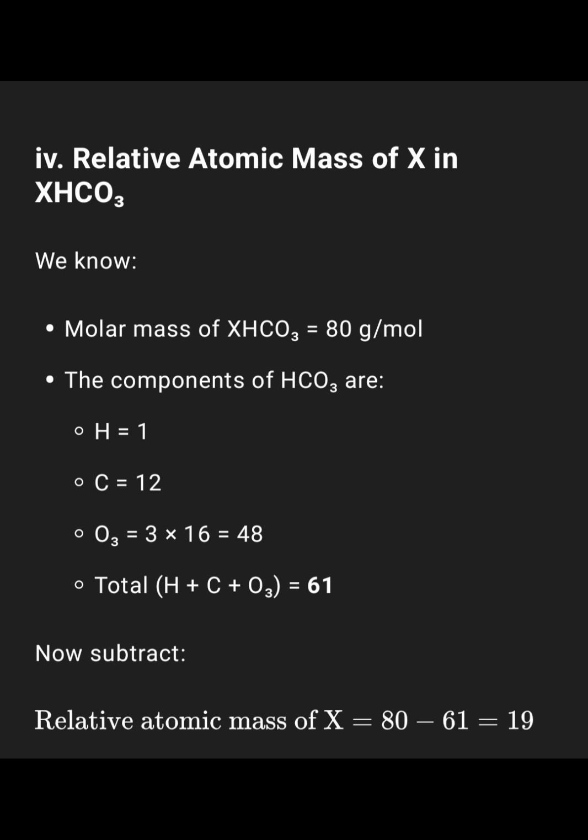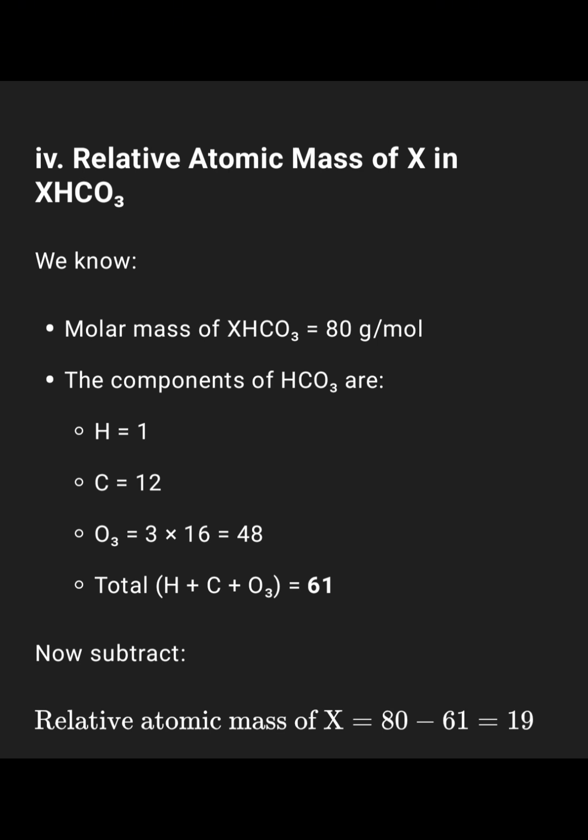Add everything up, it will give you 61. So it will now be X plus 61 equals 80. Collect like terms: 80 minus 61 gives you 19. So X equals 19.